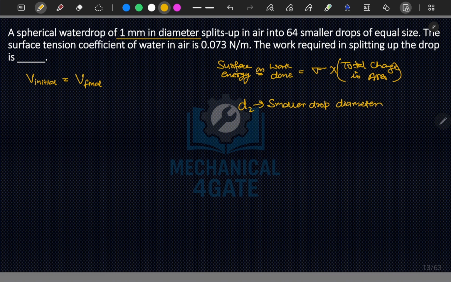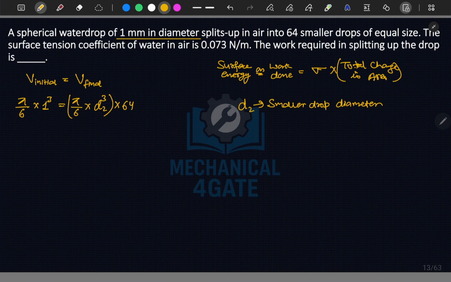Okay, and so I can write volume is equal to pi by 6 d cube, so pi by 6 into 1 cube. Initial volume is equal to final volume, which is pi by 6 into d2 cube, times 64, since 64 similar droplets are there.